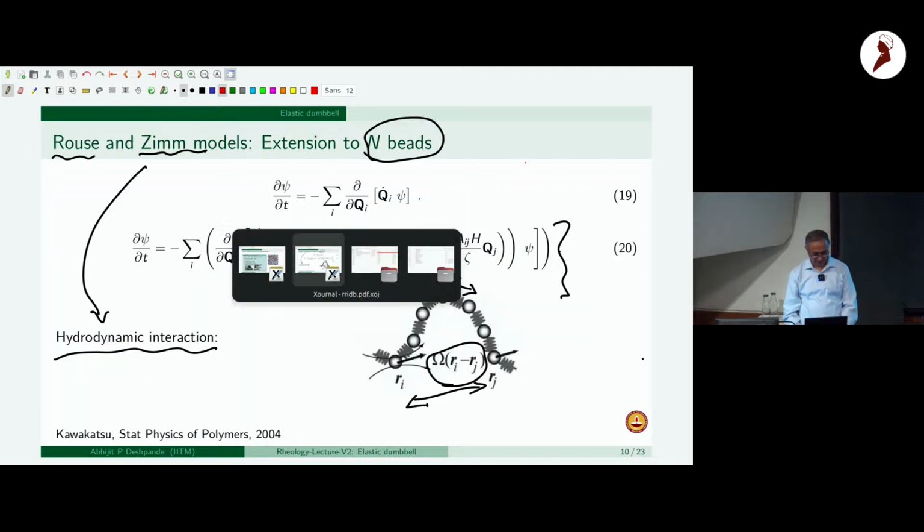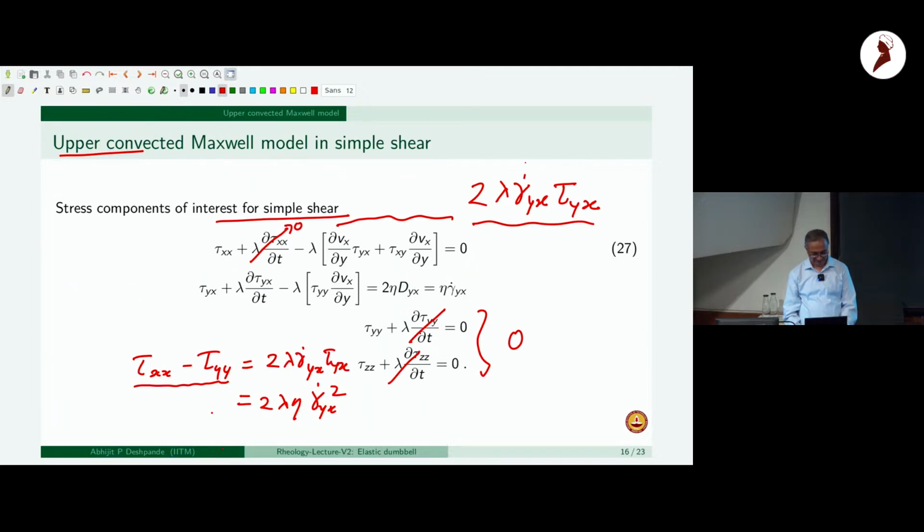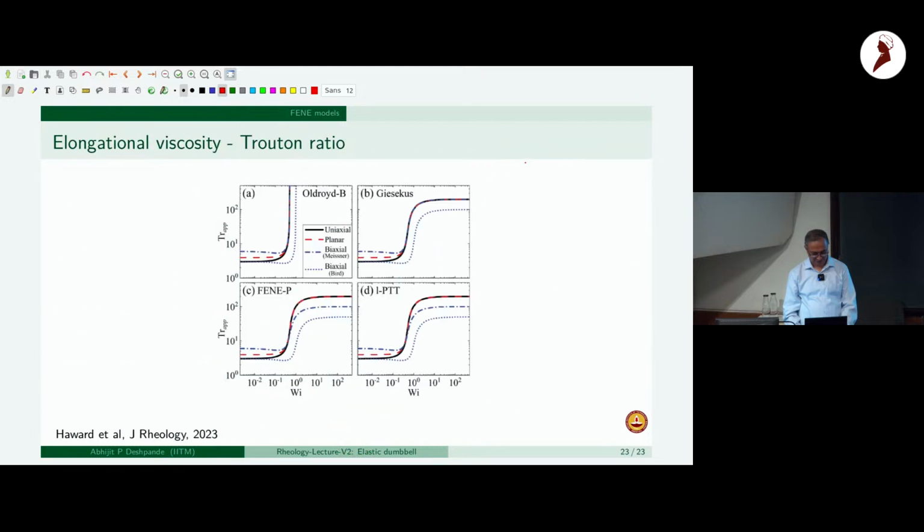Just to close the other thing, I had just one data which was related to this. So this is the elongational viscosity as Trouton ratio, which is basically the elongational viscosity divided by shear viscosity, and which is 3 for Newtonian fluids.